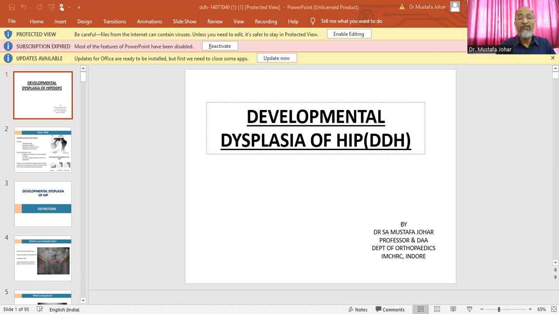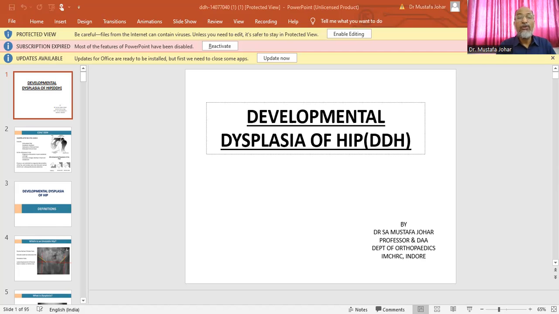Then you know the Shenton line or intact Shenton line, which is a parabolic line from the inferior margin of the neck of the femur and the obturator foramen. These two curves together form the Shenton line. When the Shenton line is broken, it is one of the indicators towards dislocation of the hip.